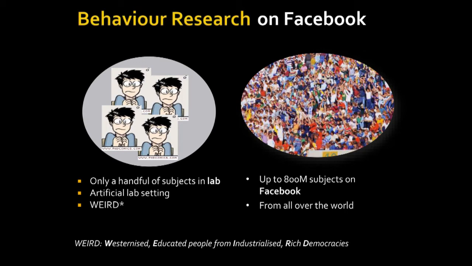So, as Thore mentioned, most sociological studies and behavioral economic studies have focused on a handful of subjects in the lab, in an artificial lab setting, and these studies are well known to be WEIRD, right? Essentially based on Western, educated people from industrialized, rich democracies.